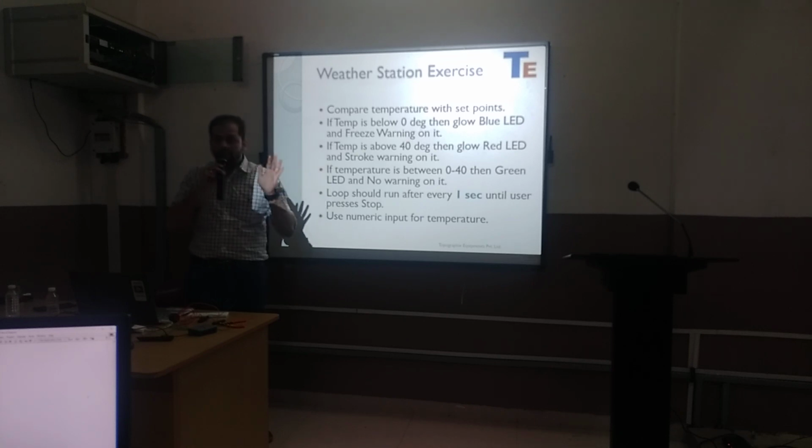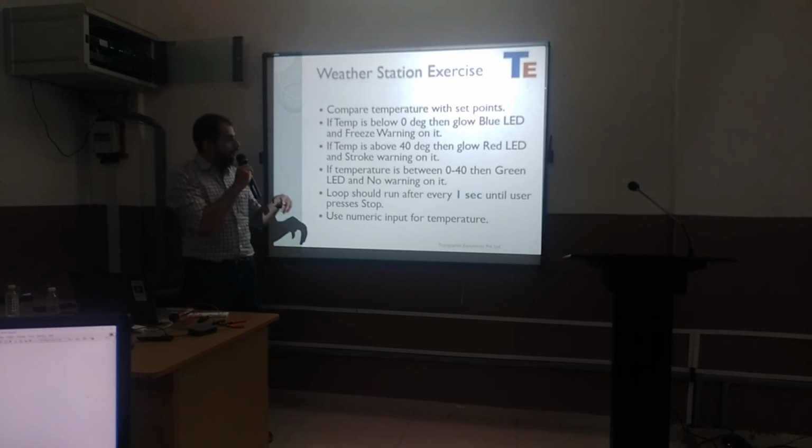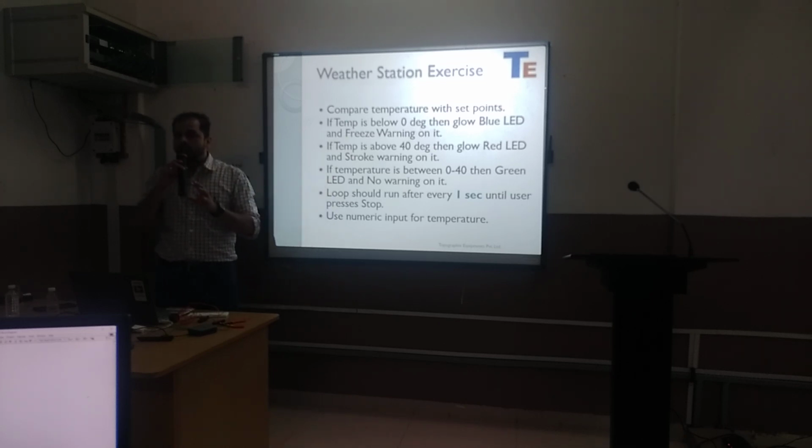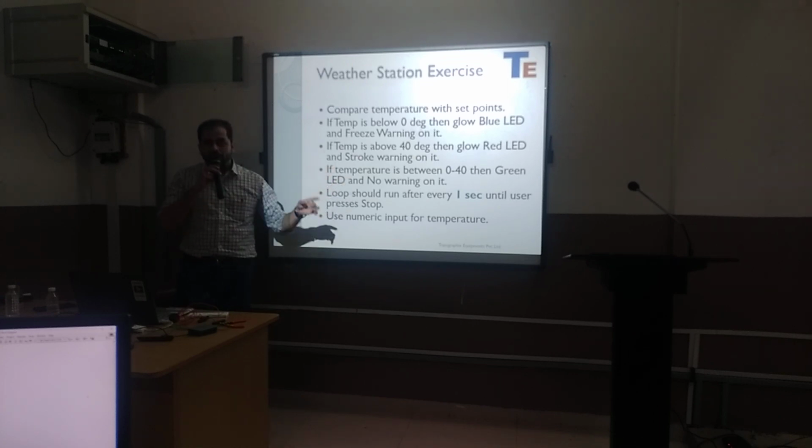If the temperature is between 0 and 40, it should glow a green LED and no warning should be displayed on it. And if it is above 40, a red LED should glow and it should show a stroke warning or heat warning on it. And this should iterate every 1 second.